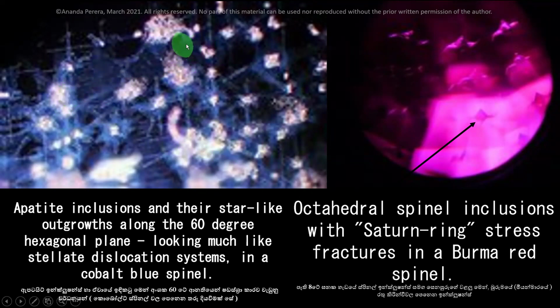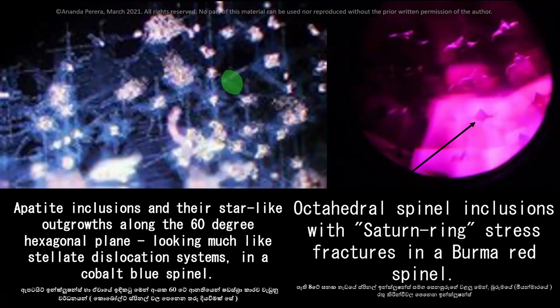And they are star-like outgrowths. These growths are like stars. Along the 60-degree hexagonal plane, you can find the 60-degree hexagonal plane also in these stars. It is a very special inclusion inside the spinel.